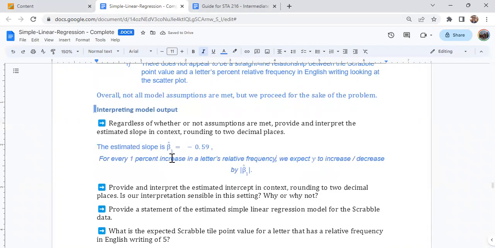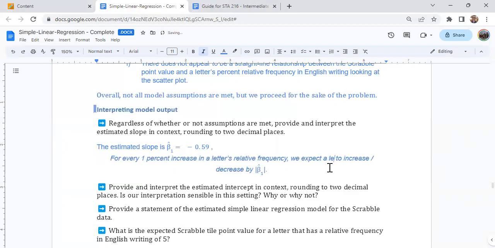We always say increase for this first part, even if the slope is negative. Every 1% increase in a letter's relative frequency, we expect, and instead of y, we'll say a letter's Scrabble point value.